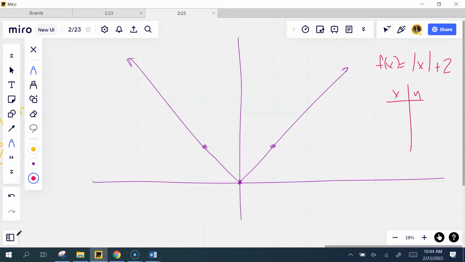Where's my vertex? (0, 2), because I set x equal to 0, and then I plug in and I get 2 back out. Now 1 up, 1 down, so let's go negative 1 and positive 1. What do you get? 3. So (0, 2), (1, 3), and (negative 1, 3).